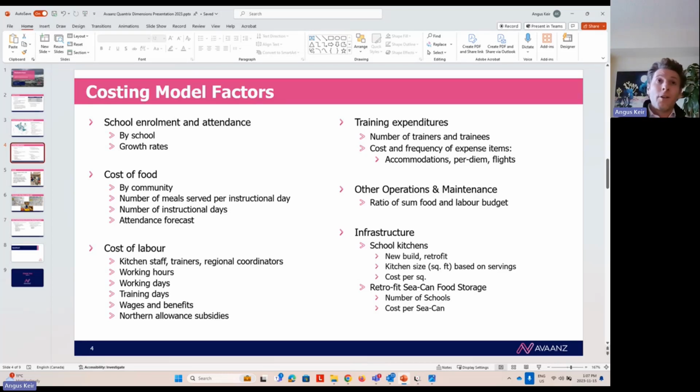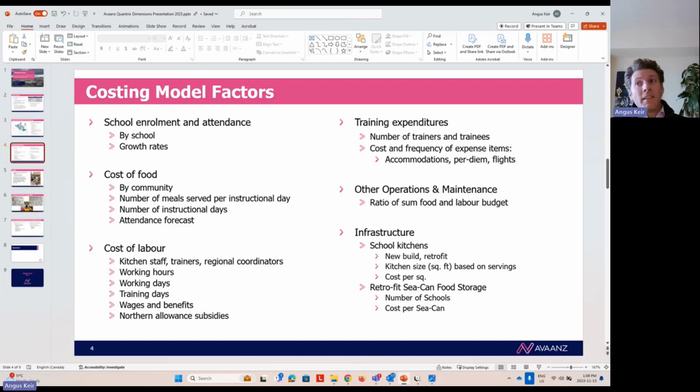First of all, we looked at each of the schools in each of the communities, and we obtained their historical enrollment data. Using that data, we then developed projections to understand, okay, there's this many students presently, but how many can we expect in the future?